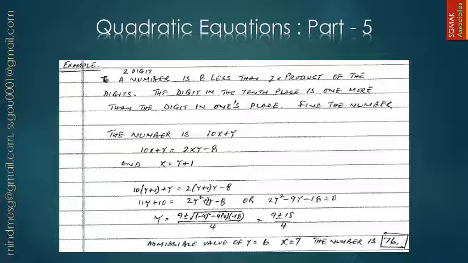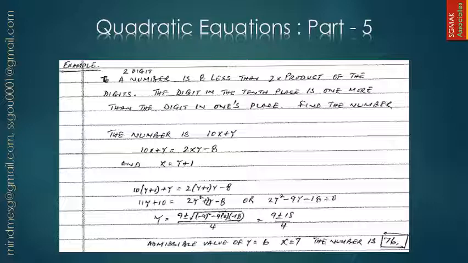So you get values of y. In this case, one value is 6 for y, another value is minus 1.5. So we discard that value.